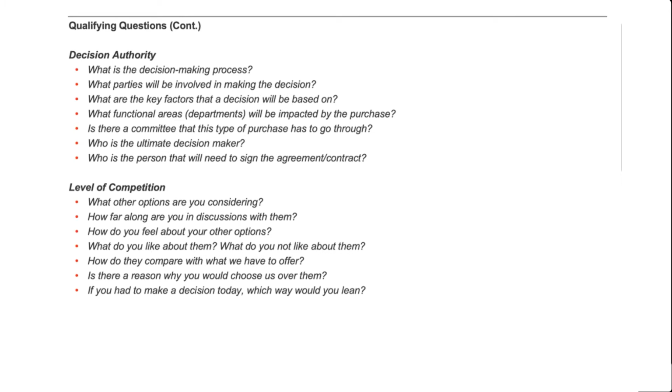Here are 2 more categories of qualifying questions. Decision authority, so these probe to see how much decision-making power your prospect has. Level of competition questions. By the way, I'm showing you scripts and questions here today. When we get to level 3, we're going to go into all of these topics in more detail.